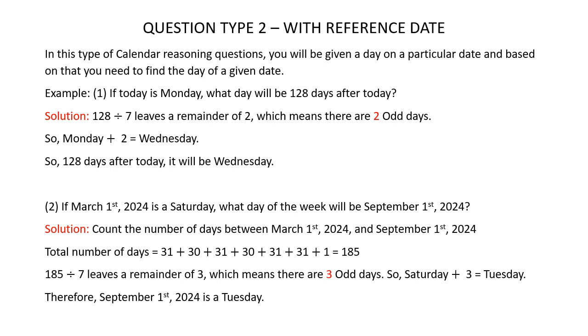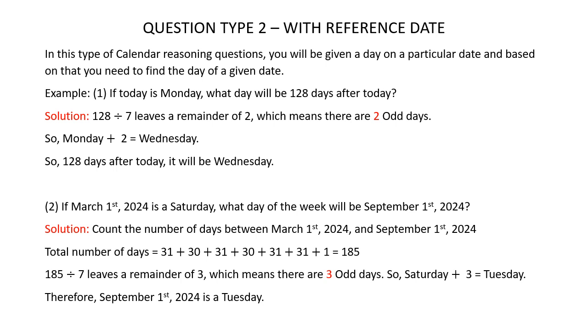So the total number of days between March 1st, 2024 and September 1st, 2024 would be 31 days of March plus 30 days of April plus 31 days of May plus 30 days of June plus 31 days of July plus 31 days of August plus 1 day of September. When you add all this, you will get the total number of days as 185.